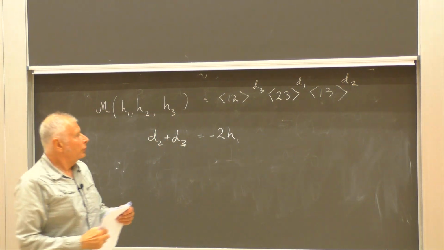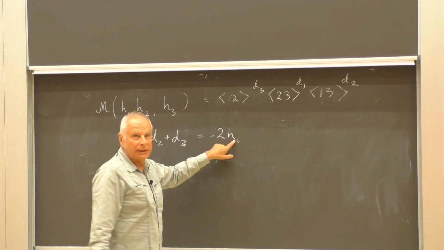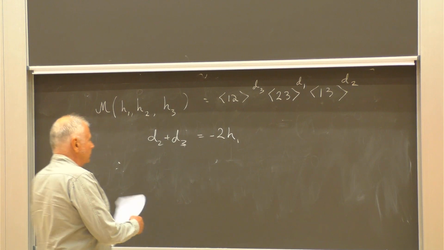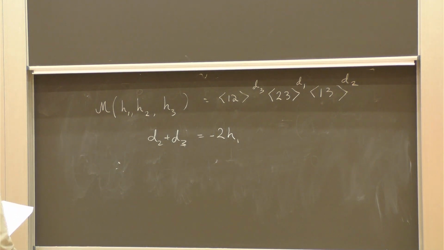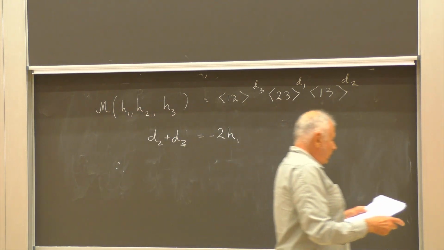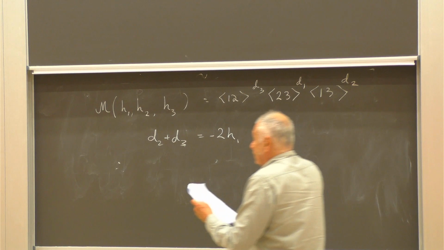You rescale λ1, you have d3 plus d2, and it's minus 2 times helicity 1.